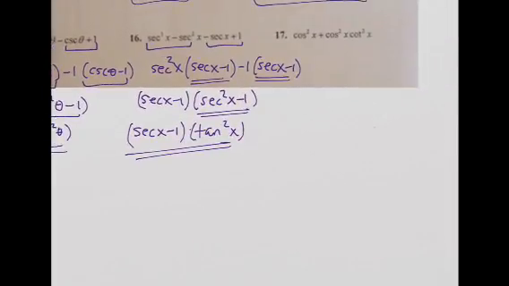Number 17, notice how it has a cosine squared x in common, so I'm going to take it. That'll just work down here because this is too crowded already. So cosine squared x, 1 plus cotangent squared x. This here could be replaced with cosecant squared x.